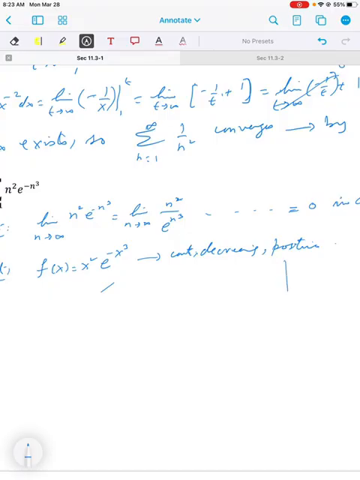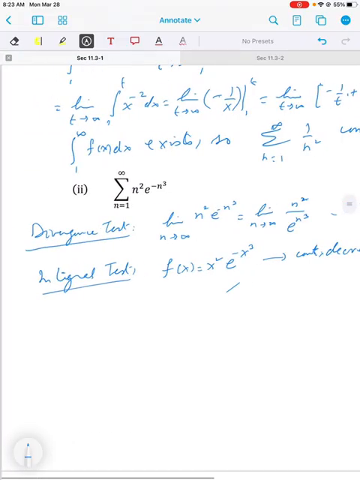Okay, so the graph actually looks something like this. You see this peak is happening at 1, and after 1 it is decreasing. So it satisfies all our conditions, and also f of n will be equal to f of x.